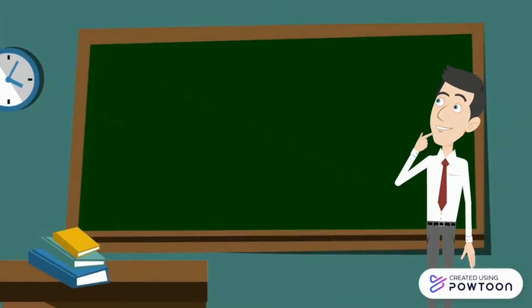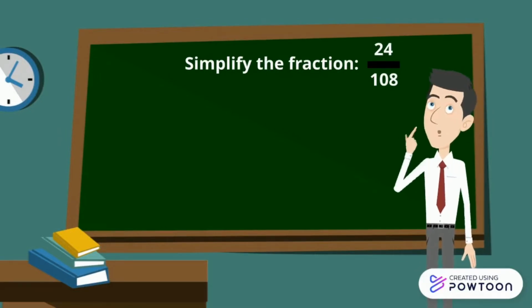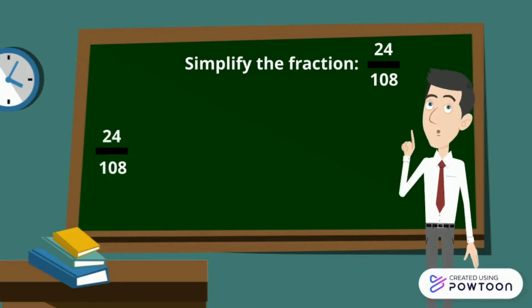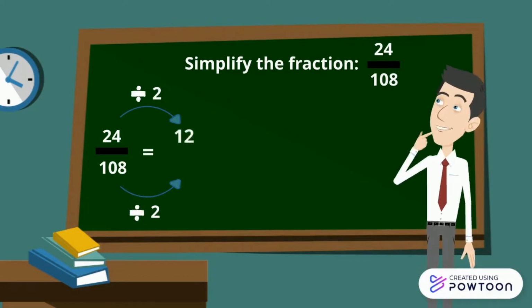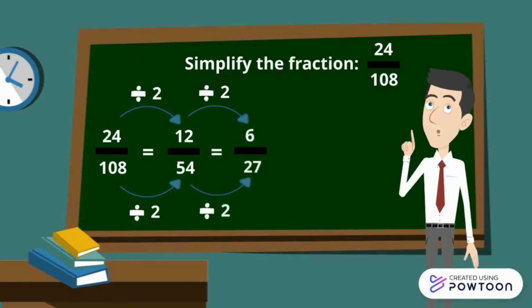For example, simplify the fraction 24 over 108. To simplify it, we divide the numerator and denominator with the smallest dividing number, which is 2. So, 24 over 108, we divide 24 with 2 and 108 with 2, and we got 12 over 54. We can still divide it with 2, so 12 over 54, we divide 12 with 2 and 54 with 2, and we got 6 over 27.